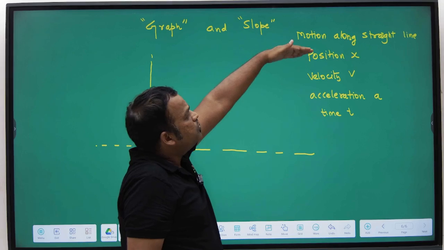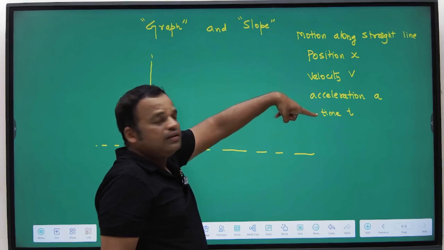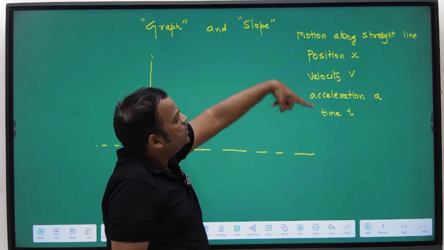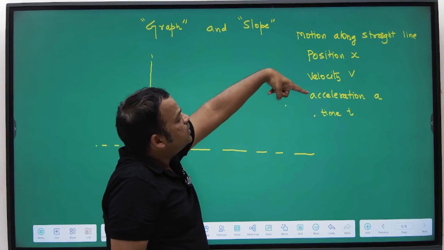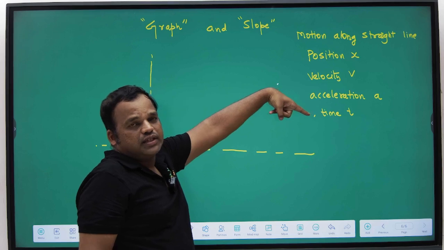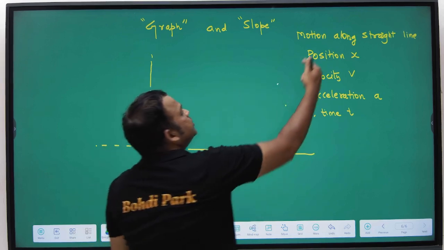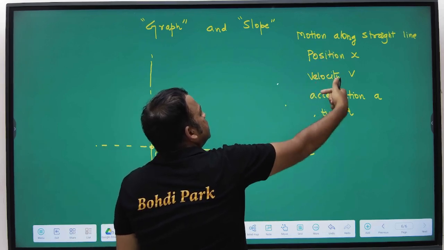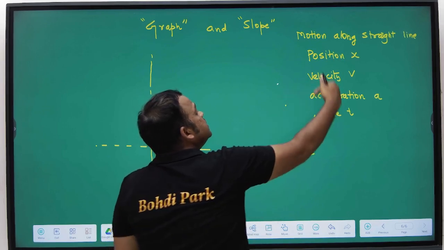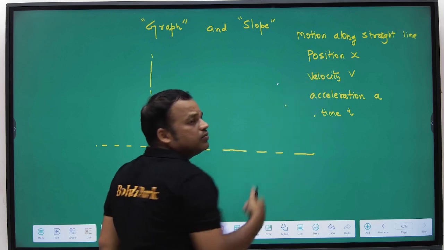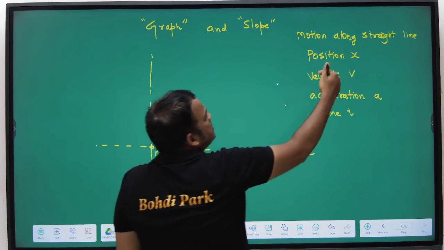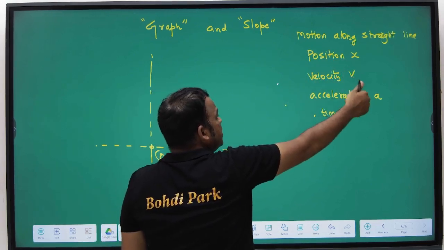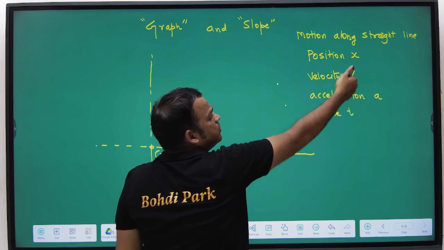So we can consider position x changing with time t, we can consider velocity v changing with time t, acceleration a changing with time t, or position changing with velocity, position changing with acceleration, or acceleration changing with position, acceleration changing with velocity, or we can consider acceleration changing with time.